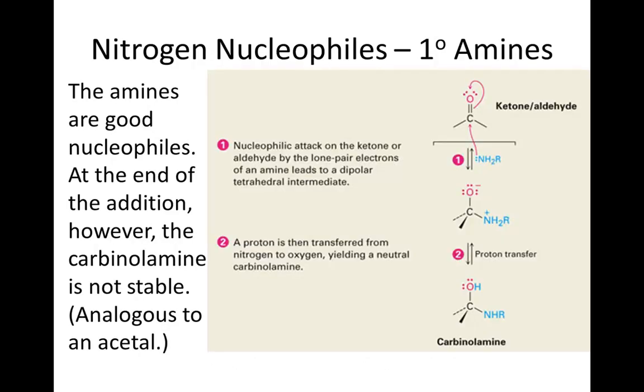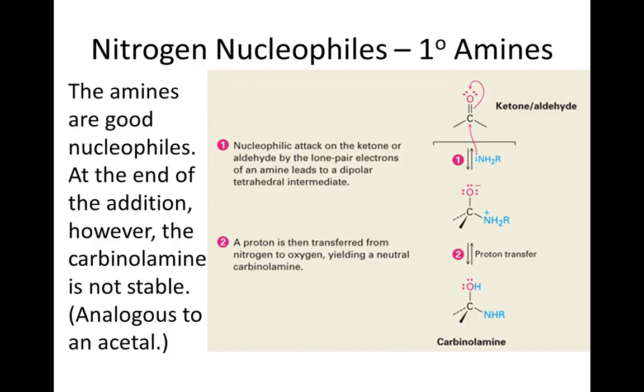So, firstly, we'll talk about nitrogen nucleophiles that are primary amines. And we were talking about whether or not we need acid catalysis, and it turns out that these things are very pH dependent as to how well they proceed.